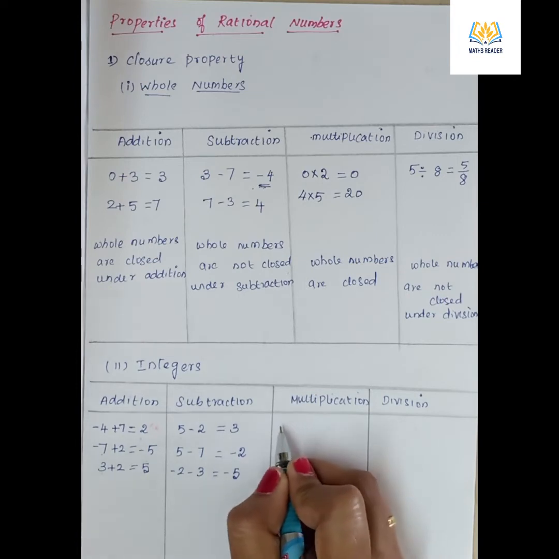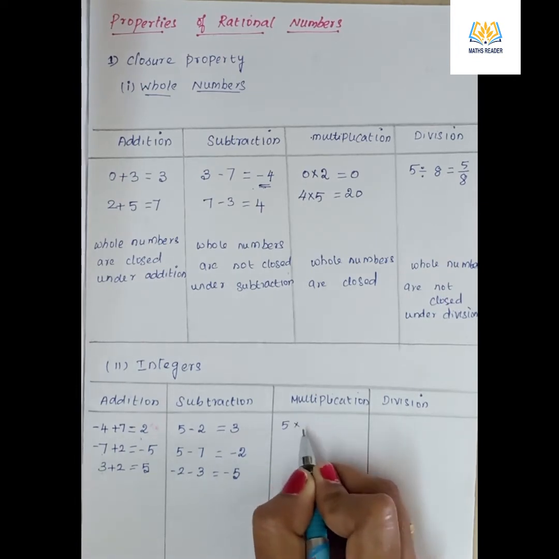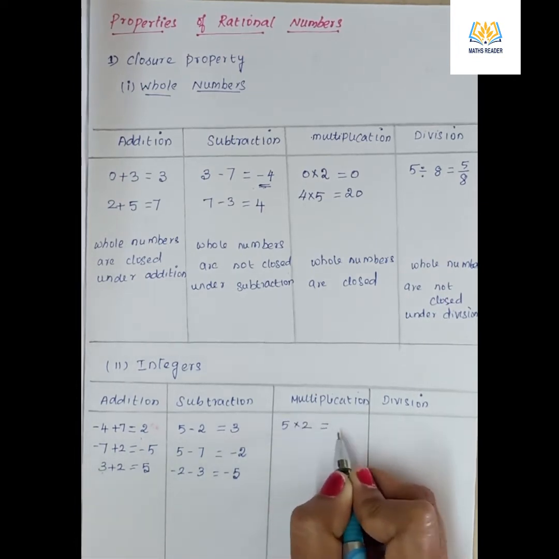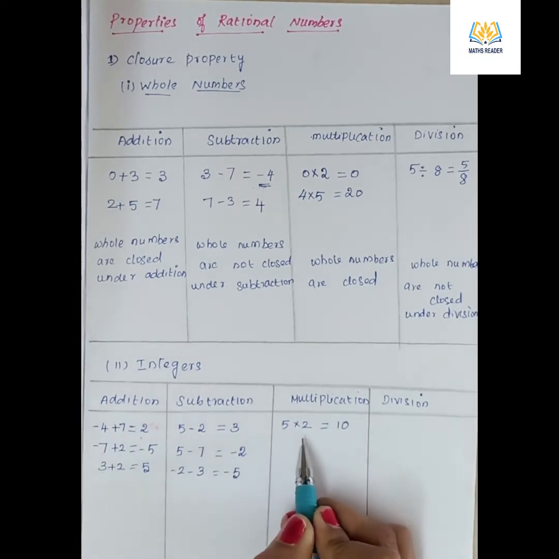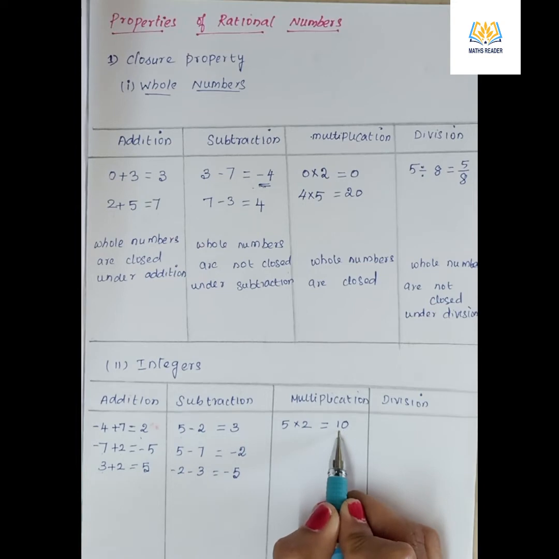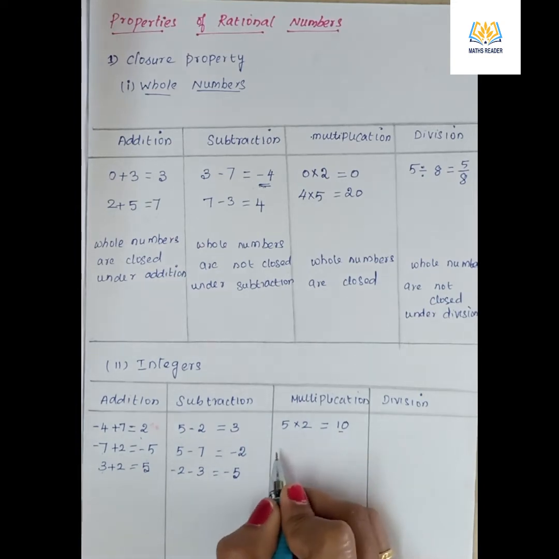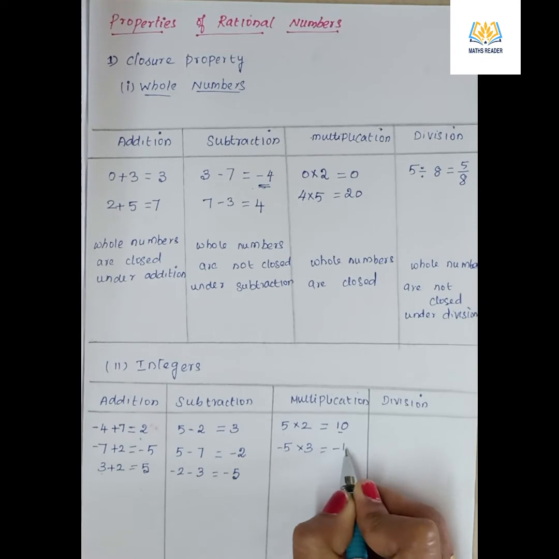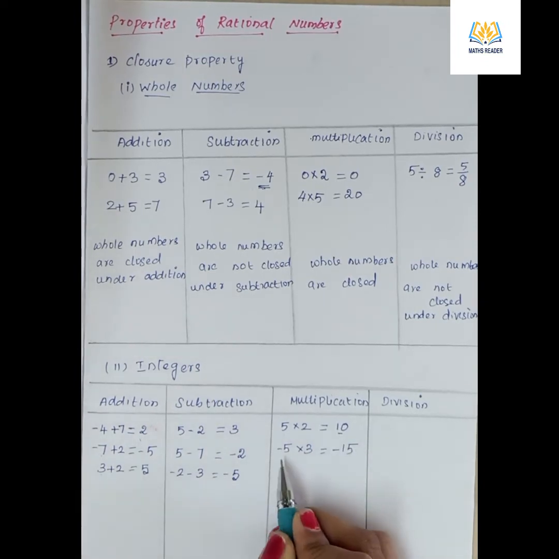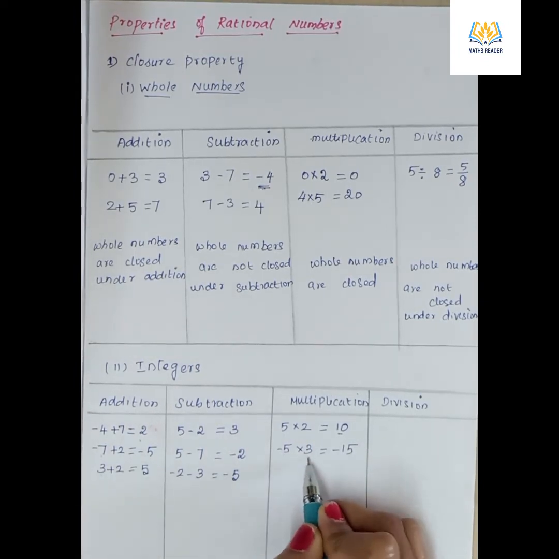Next, multiplication. 5 into 2 is equal to 5 2s are 10. 5 is an integer, 2 is an integer, and the answer we got, 10, is an integer. So this satisfies the closure property. Next, let us take a negative number. -5 into 3 is equal to -15. So -5 and 3 are integers.